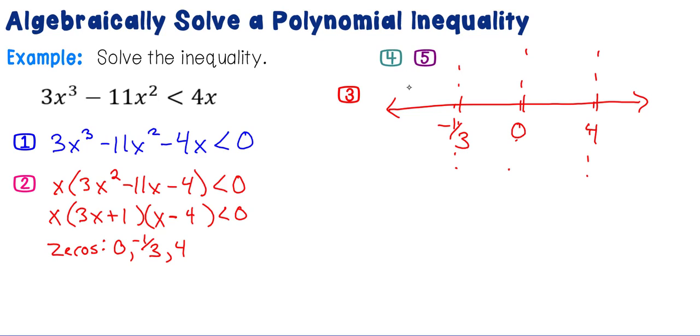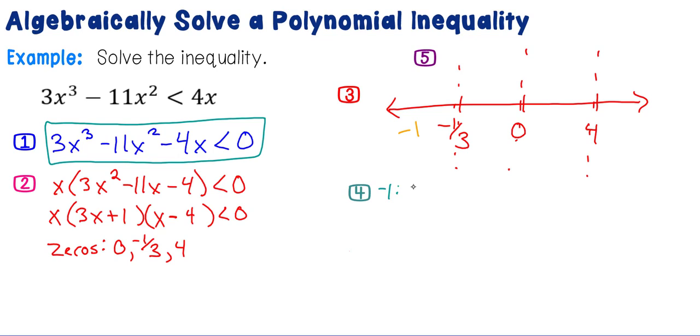So for this section, I'm going to test negative 1. Okay, so this is the fourth step where we test the numbers. I'm going to take negative 1 and put it into my function over here.